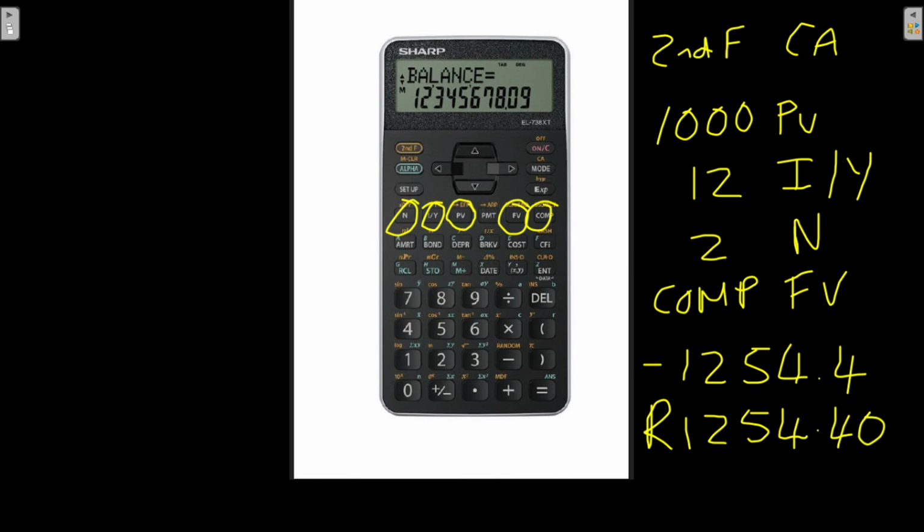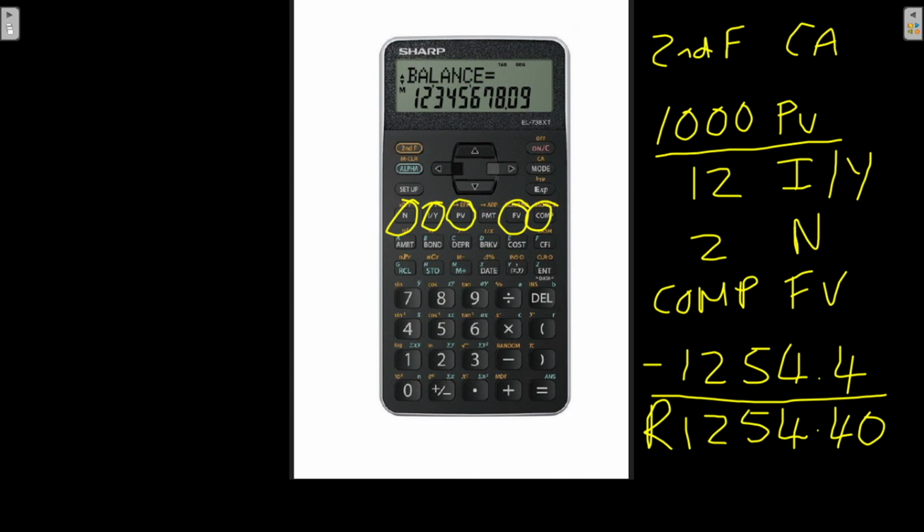Just note that if your present value was imported as a positive, then your future value will be exported as a negative. So if the present value is positive, the future value will be negative, and the other way around. You will get an error on your calculator if you give both of them the same sign.